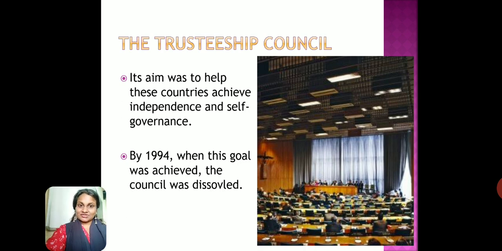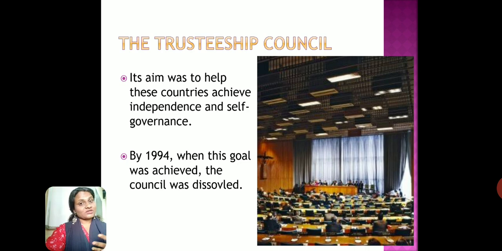governments or other countries. Alright, so this was the job of the Trusteeship Council, and in 1994 it was felt that the Trusteeship Council had achieved its goals in the sense that it was able to monitor some countries that needed to be monitored for their actions that the United Nations felt needed to be taken care of.